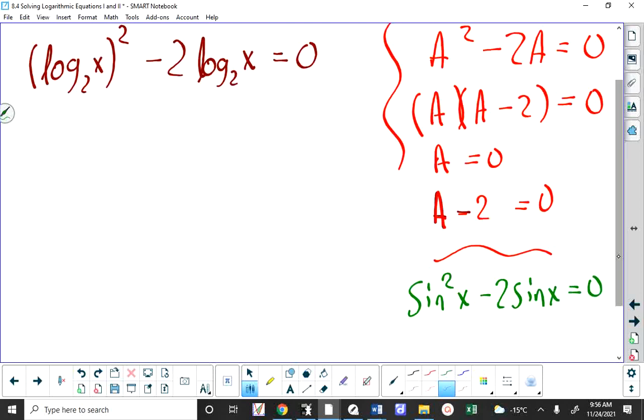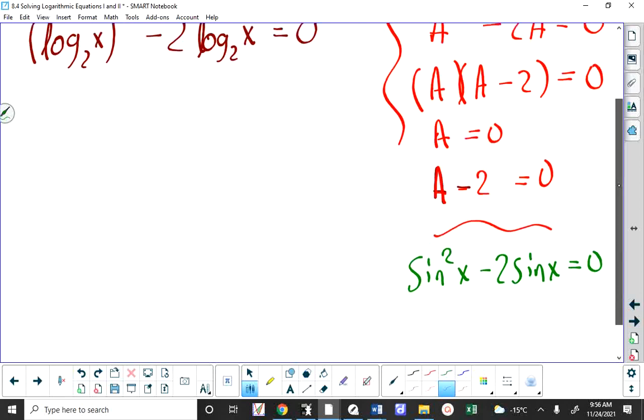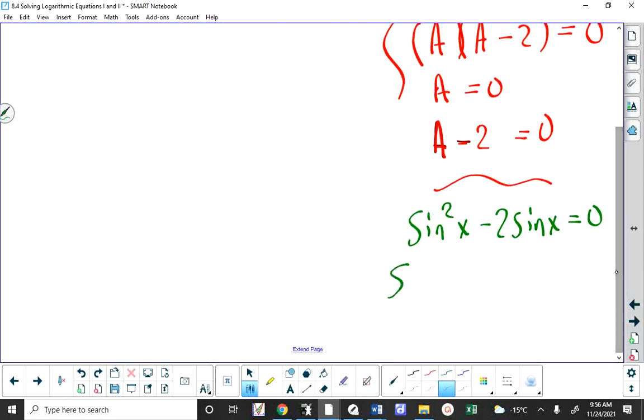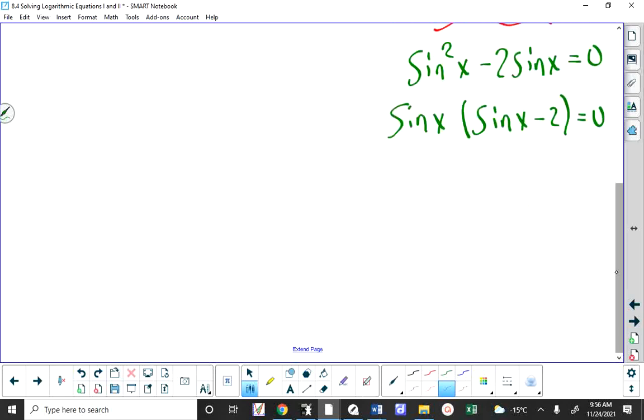Right? No, you don't have to write this down that's on the side. If you are, that's great. But this is the same kind of thing. You would factor a sine of x out and be left with sine of x minus 2. You would then say that sine of x equals 0. You would say that sine of x minus 2 equals 0.